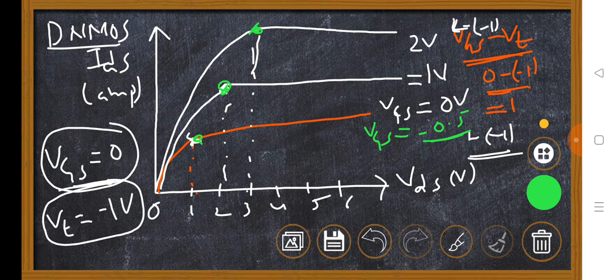Here it is minus 0.5 minus of minus 1, which is equal to what? 0.5. That means up to 0.5, the current is going to be like this. That means the current decreases when the gate to source voltage is a negative potential.